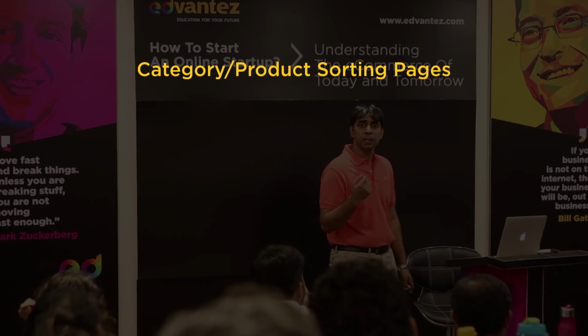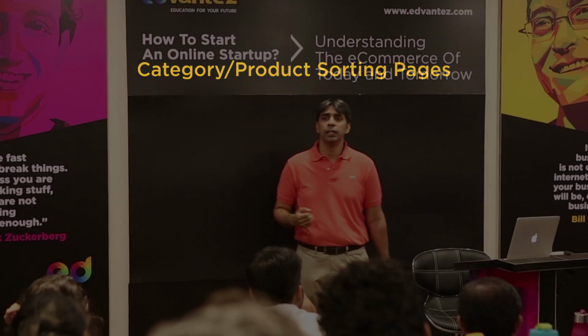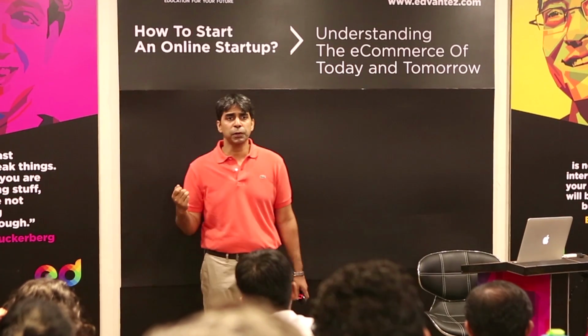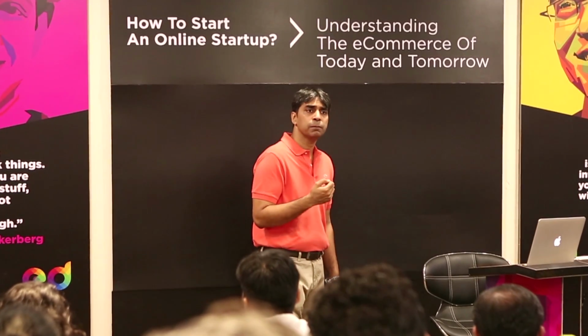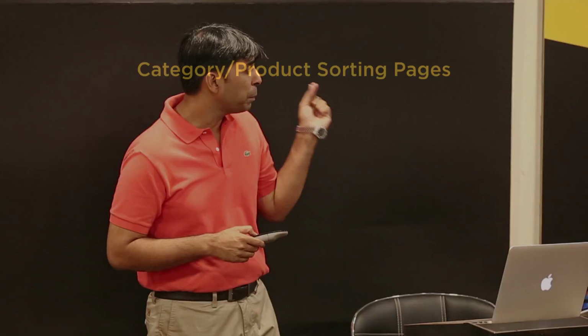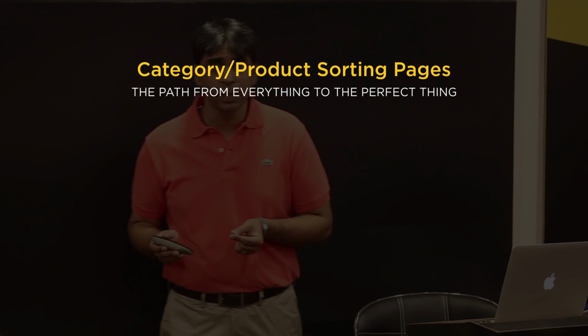You know how you go to a website and you find that you like a certain product, you go to that particular category, right? This is that page. We'll actually open an example once we finish this and make sure we understand what each one of these pages looks like. Okay? What this is saying is this is the path from everything to the perfect thing.